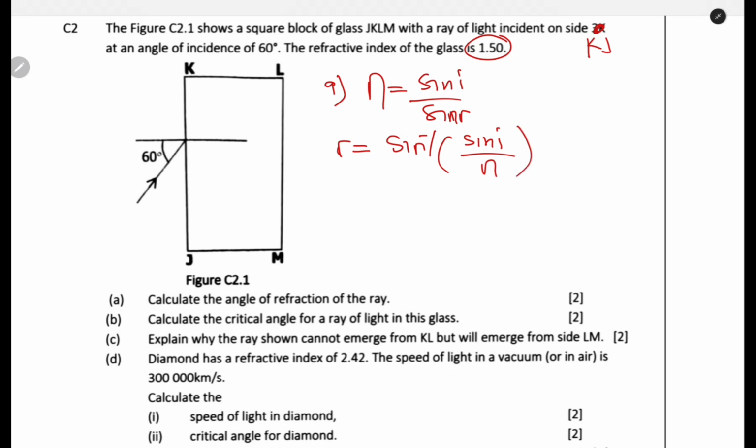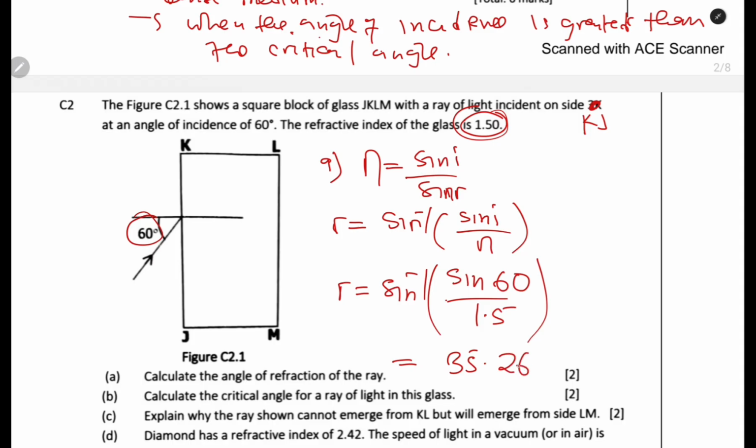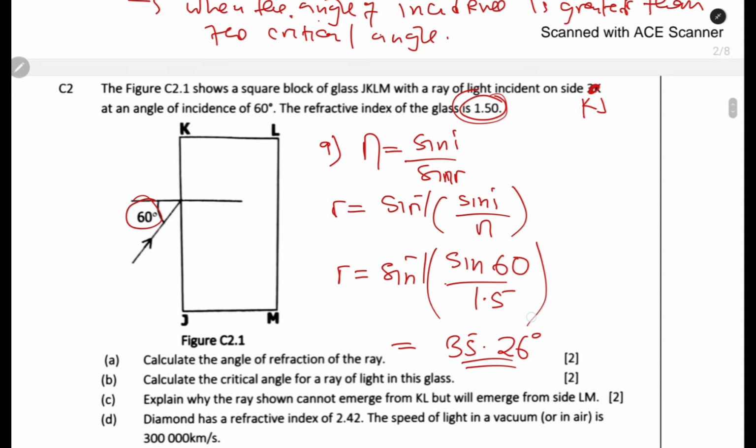So now we can replace from here: sine 60, the angle of incidence, divided by the refractive index, which is 1.5, as you can see from the question. Then R is equal to sine inverse of this in the bracket. We divide, and we find 35.26 degrees as the angle of refraction.